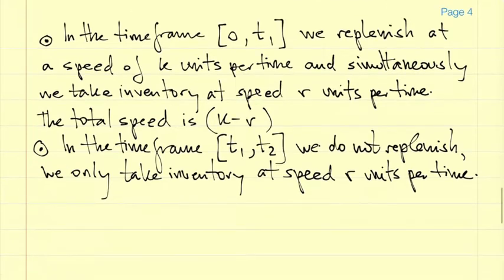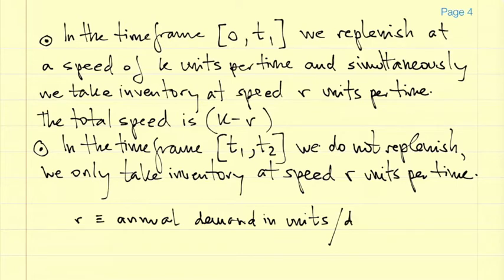The parameters are explained like this. R is the annual demand in units per day.